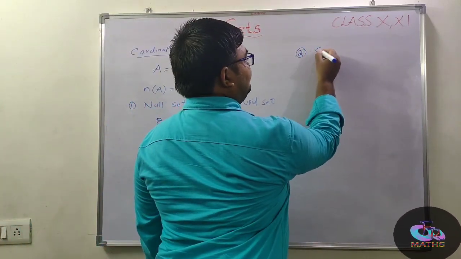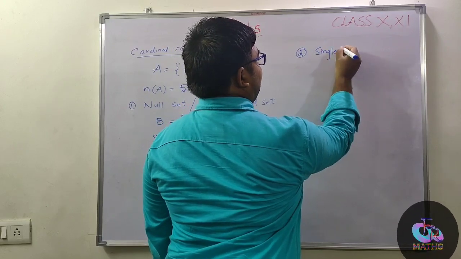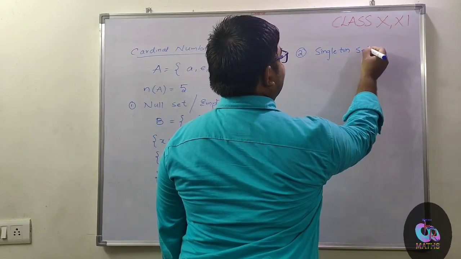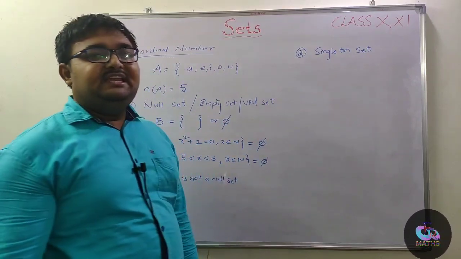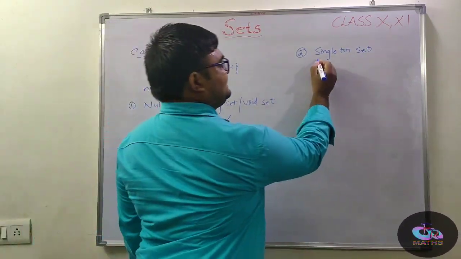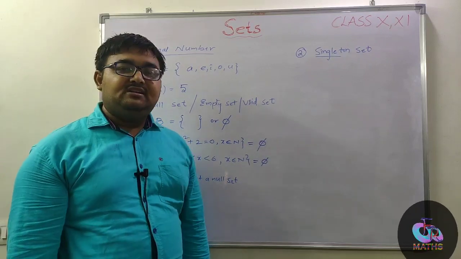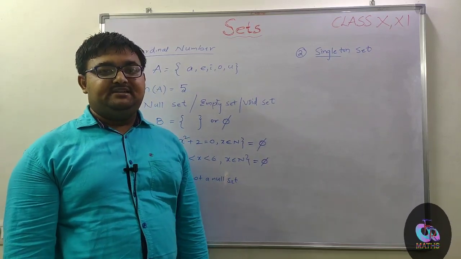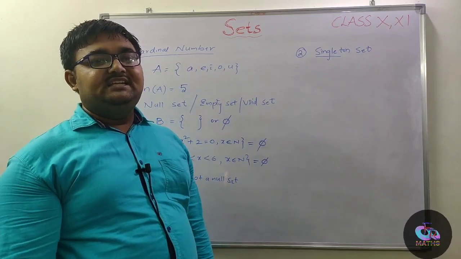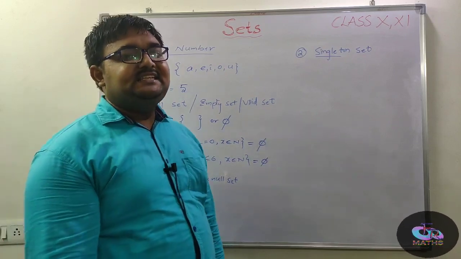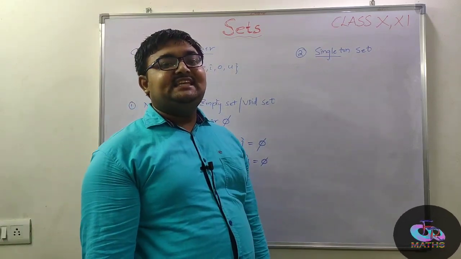Next, coming to the second one: the singleton set. The name itself suggests single. Single means 1. If a particular set contains only one element, then such a set is called a singleton set.